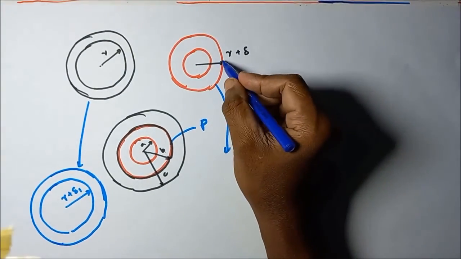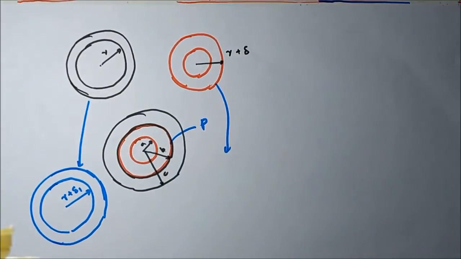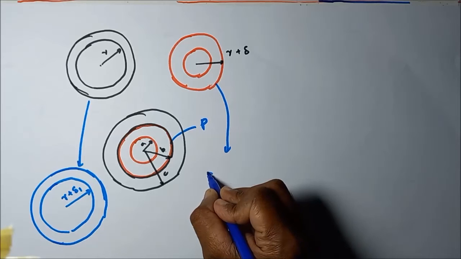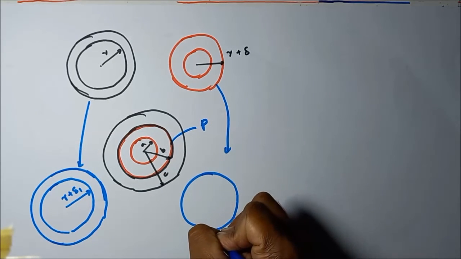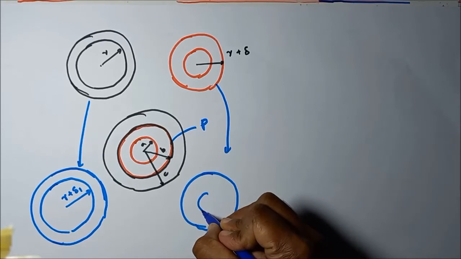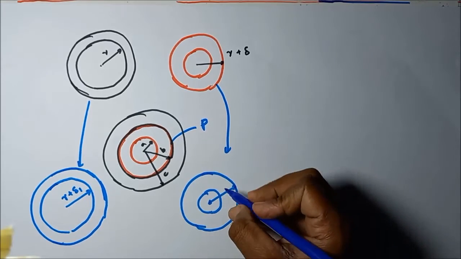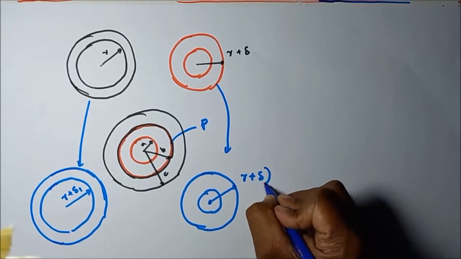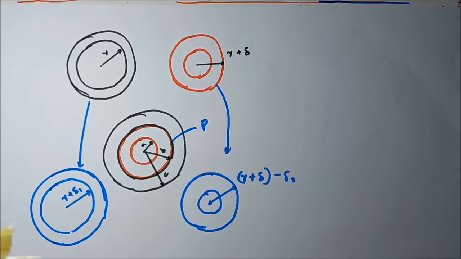What can you say about this cylinder? Does its outer radius remain the same after assembly? No. Because of the external pressure, the diameter shrinks. That value is r plus delta, slightly reduced by delta 2.